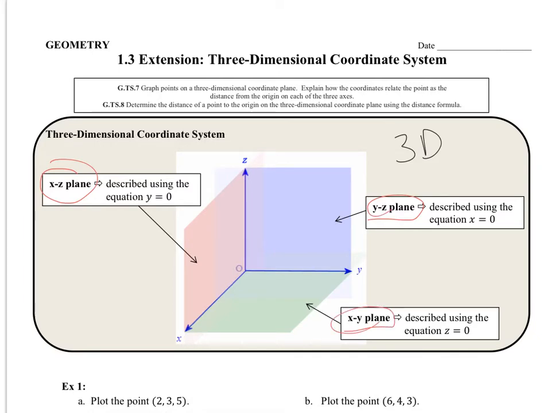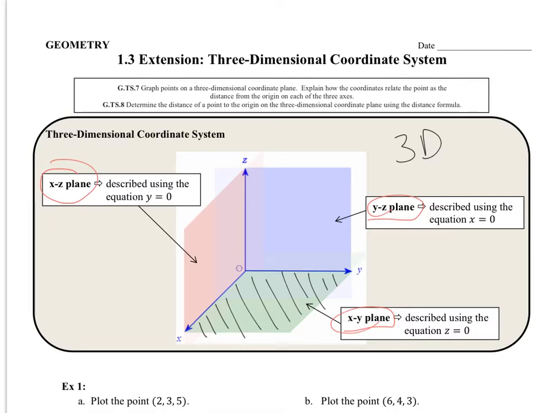Now the plane that most of us are accustomed to in 2 dimensions is the XY plane. By definition, the XY plane is described using the equation z equals 0. The XY plane is just your standard x and y coordinates. So if we wanted to plot a point on the XY plane in 3 dimensions, we'd pick our x coordinate, our y coordinate, and z would just be 0.